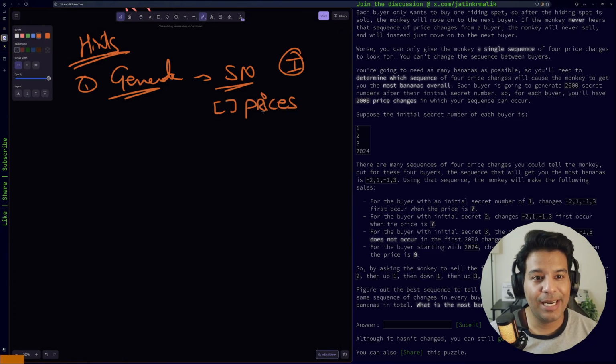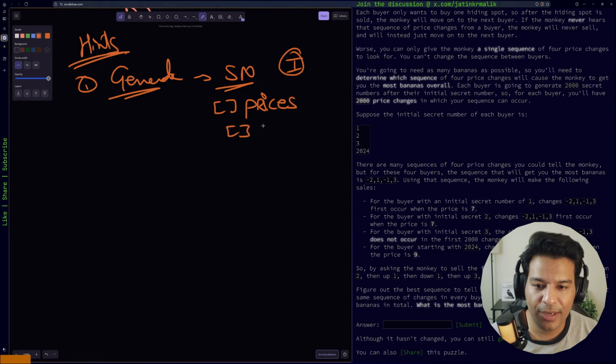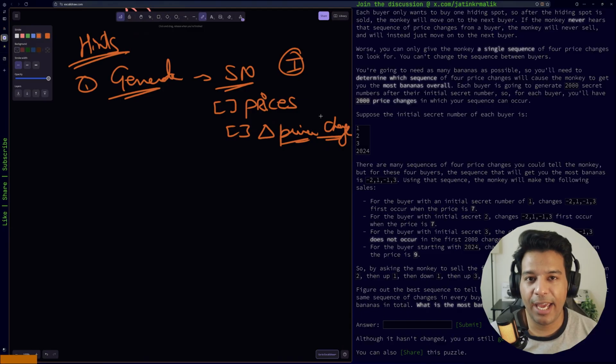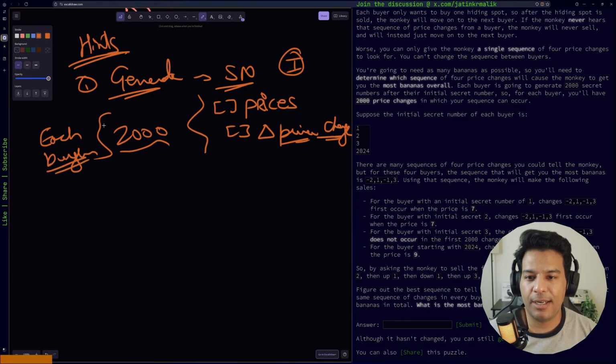And as we are generating the sequence of prices, we also need, I'm just doing a list, but it doesn't have to be, a delta of price, which is the price change between n and n minus 1. And we need to do this up to 2000 times for each buyer, which is a lot of sample space, but it is still not unmanageable data.